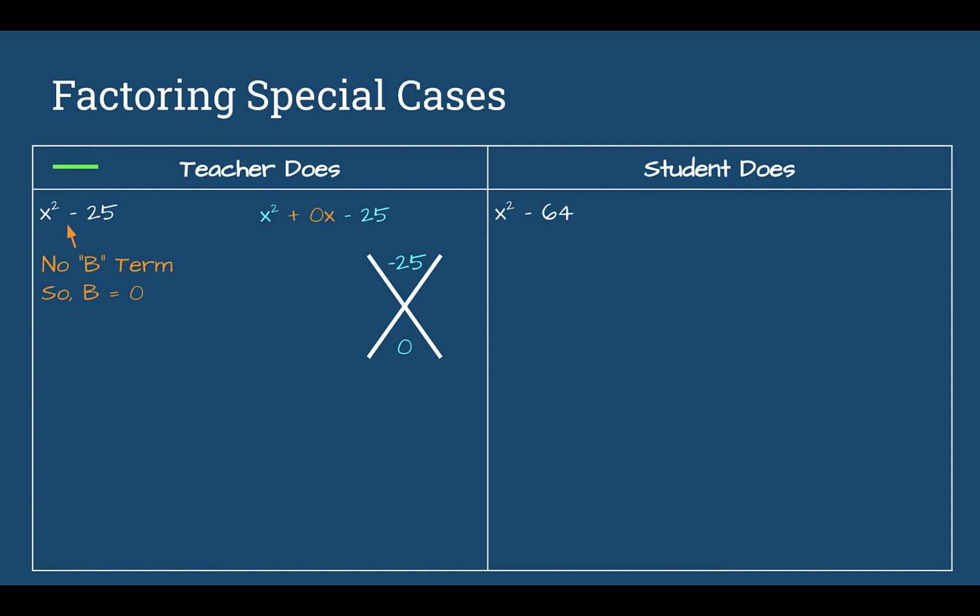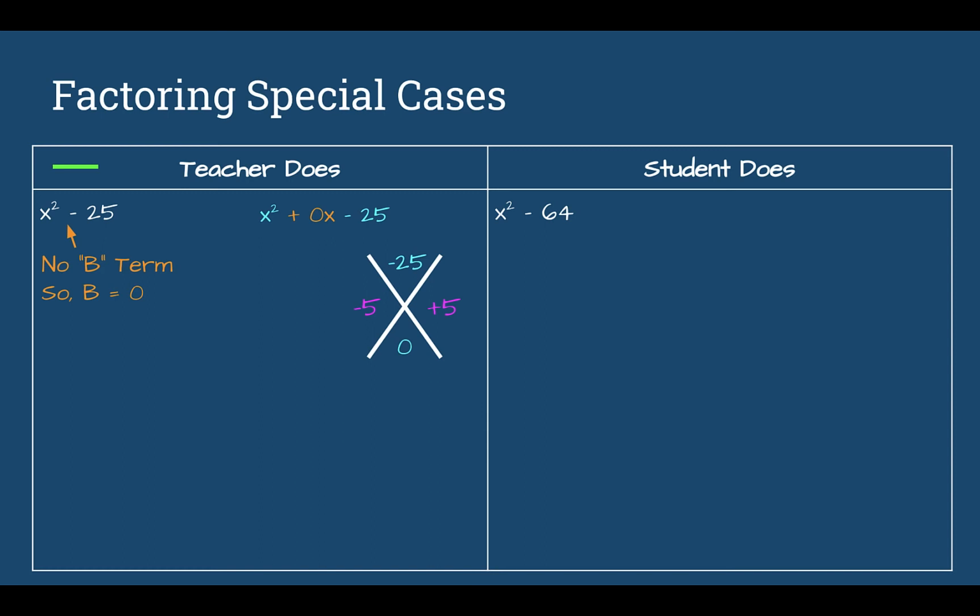We could go to Desmos and just use that and figure out the two numbers, but what number times itself would give you 25, and then they would have to be opposites to get to 0. So they would end up being negative 5 and positive 5. In this special case, it's going to be the same value, but opposite signs of each other.